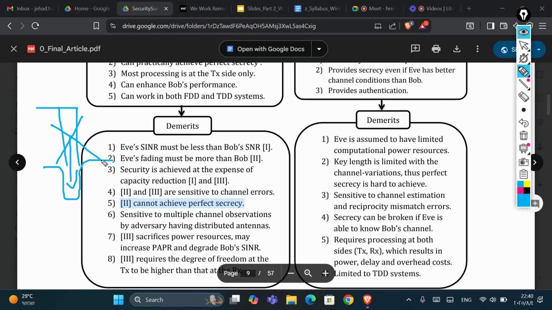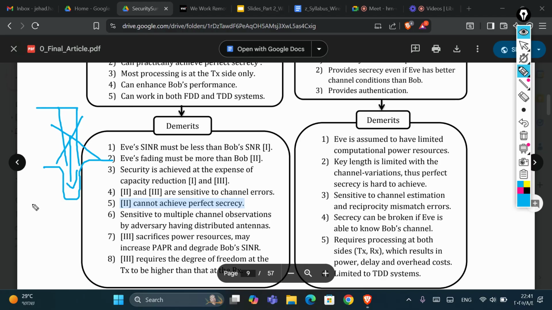Therefore, if they don't have any data content, you are wasting that part of your resource, which can be time duration or bandwidth, and not sending anything. Instead of that, you are putting extra power that's not useful to improve reliability. It may increase peak to average power ratio as well. Peak to average power ratio is a very important metric that we usually use in wireless communication systems.